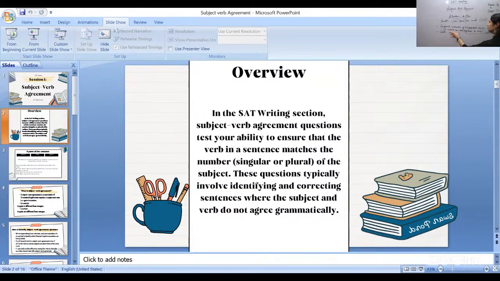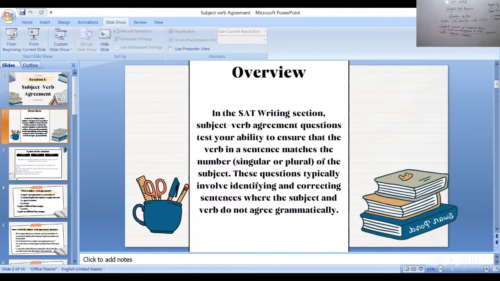We have two independent clauses joined by a coordinating conjunction, and hence this will be termed as a compound sentence. Now, if we look at a complex sentence, we will have independent plus dependent, both of them in one sentence.